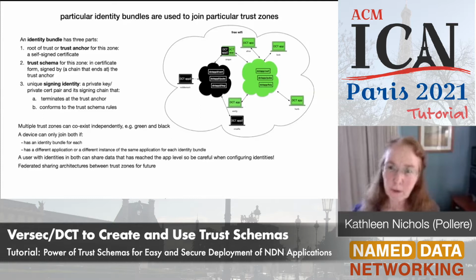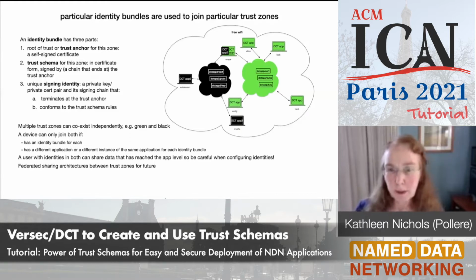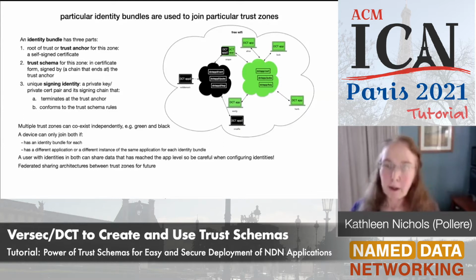So each bundle has a unique signing identity. The first 2 are going to be the same for everybody in the trust zone. And those things all have a private key and a public cert pair for the signing part. And then they're going to have their whole signing chain that terminates at the trust anchor.